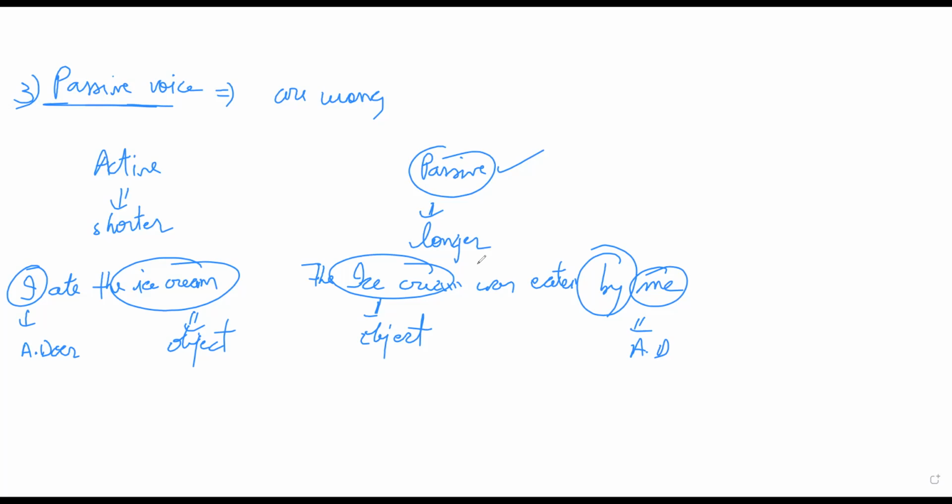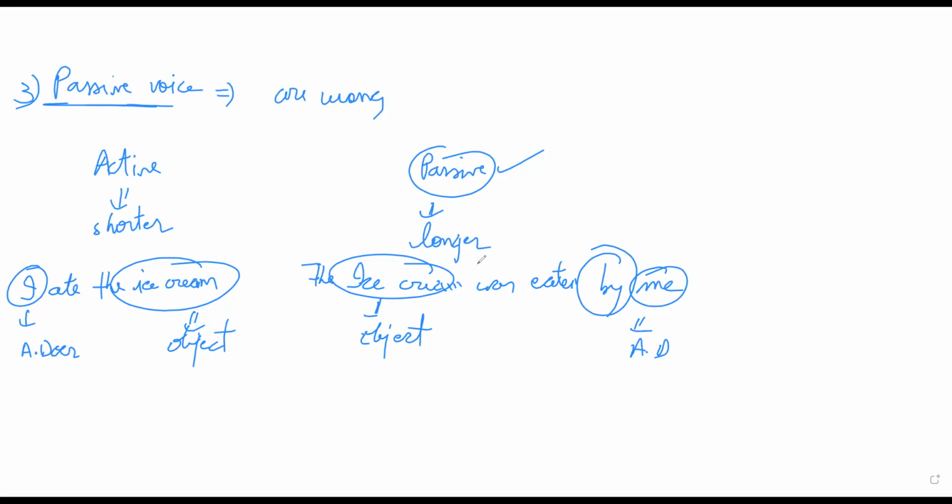Got it? But one place where passive voice options can be considered is during your modifiers part. During your modifier part, that's where you have to remember that passive voice options can be considered.